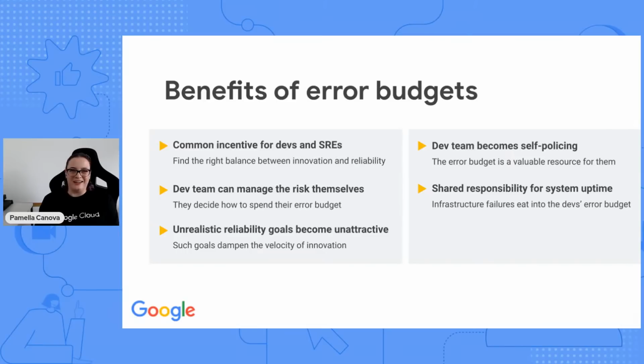With unrealistic goals, you'll probably have software engineers who are not motivated to do their work because they don't have a window for changing and testing. They will always be afraid of doing anything because they think, my error budget is too low, and if I do something wrong, I'd better not do it and just leave it as it is. So it's important to check that it's a realistic goal.